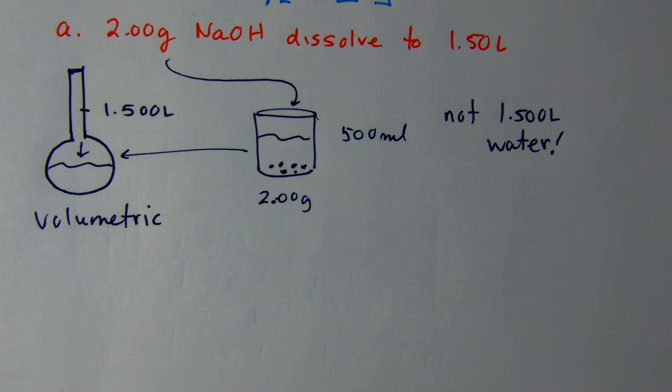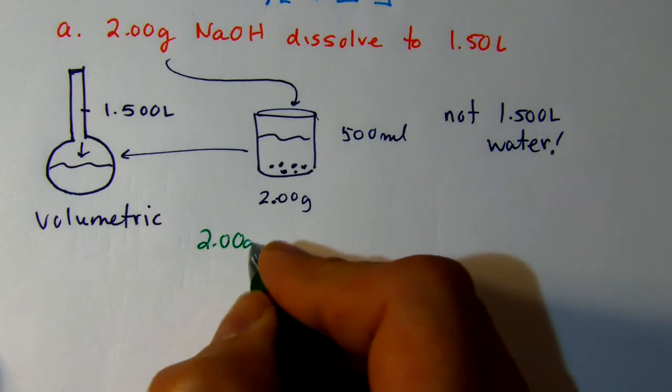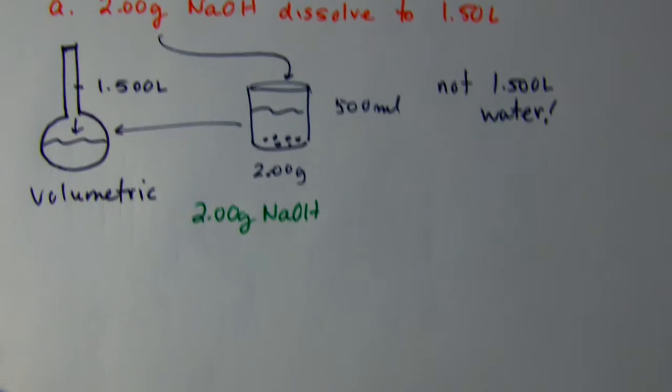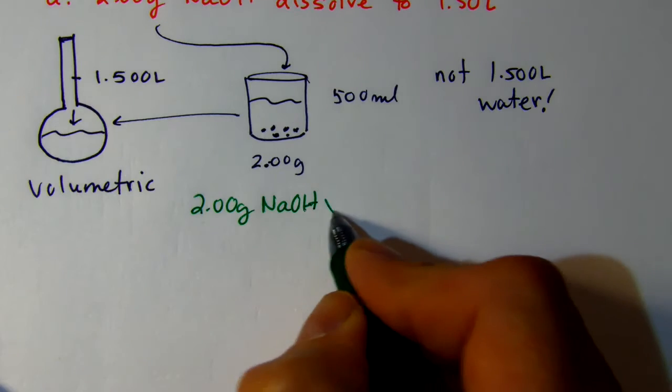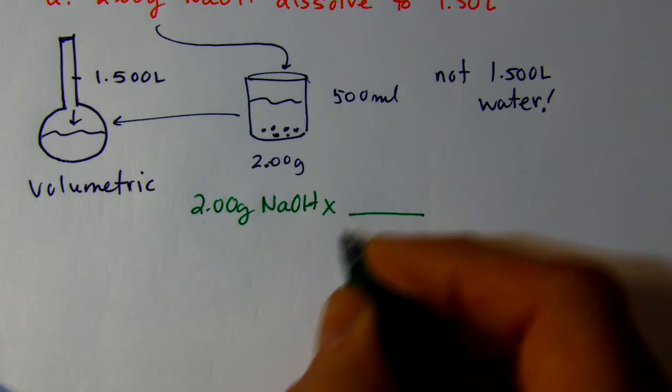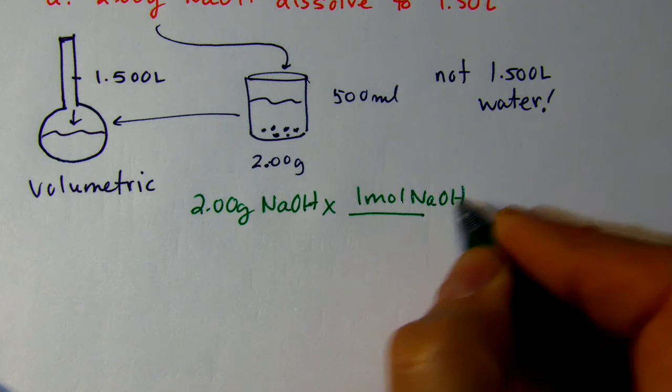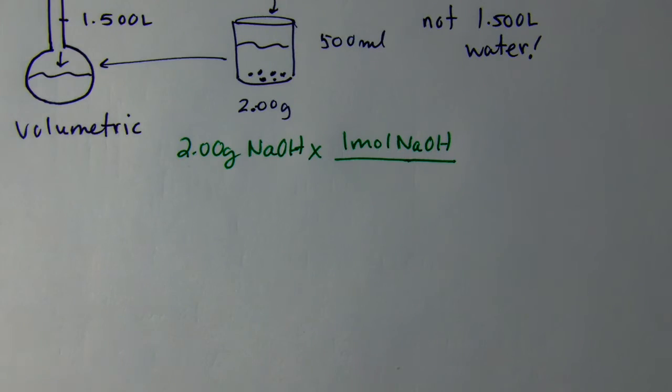So how do you calculate the concentration here? Well, we take the 2 grams of sodium hydroxide, and you have to first convert it to moles. And so 1 mole of sodium hydroxide, right? This is why we had to learn formula mass earlier in the year.